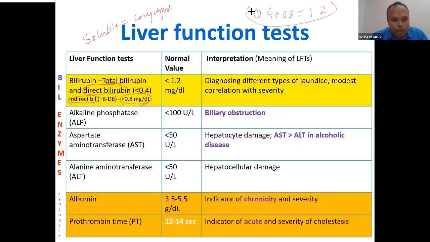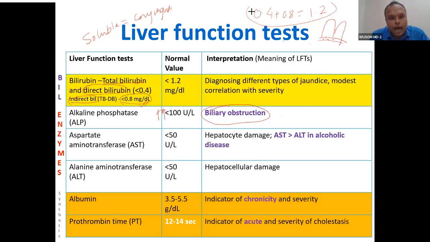Now you can see alkaline phosphatase. This very enzyme is present on the biliary canaliculi. If you see, these are hepatocytes and biliary canaliculi. These are residents of the biliary canaliculi, not inside the hepatocyte. That is why biliary obstruction will cause an increase in alkaline phosphatase. Normal is less than 100 units per liter.